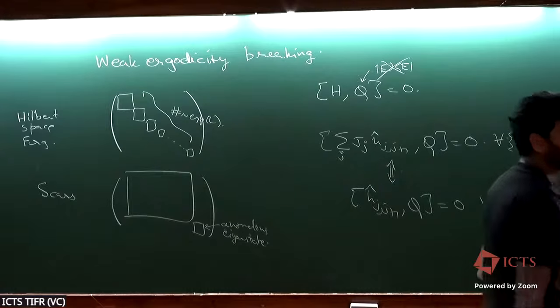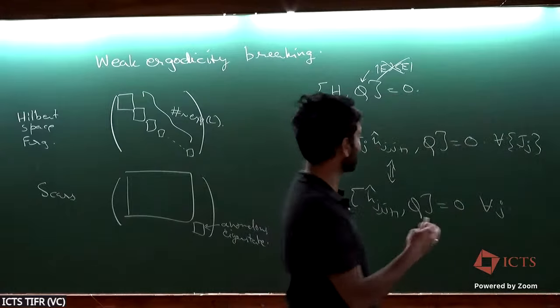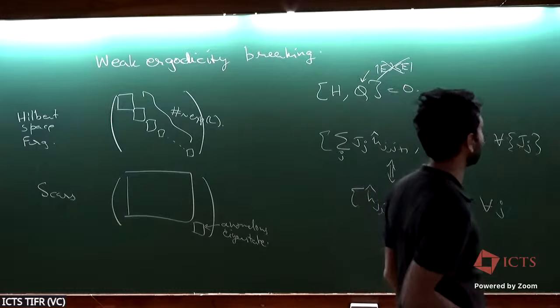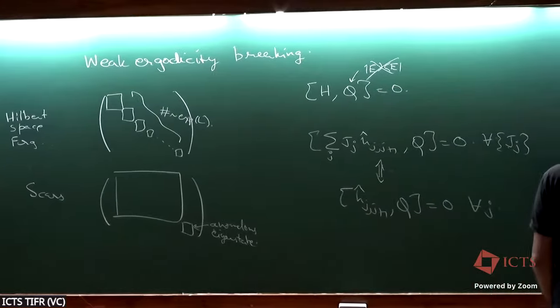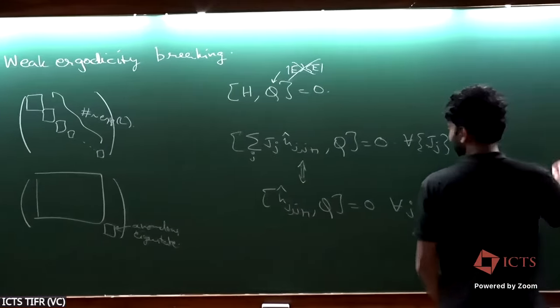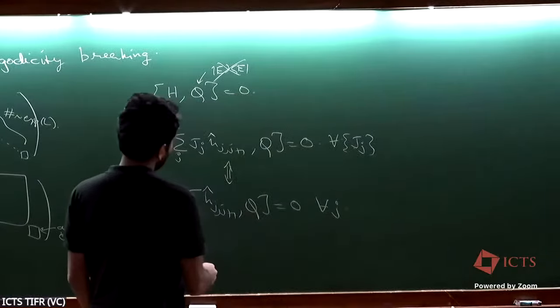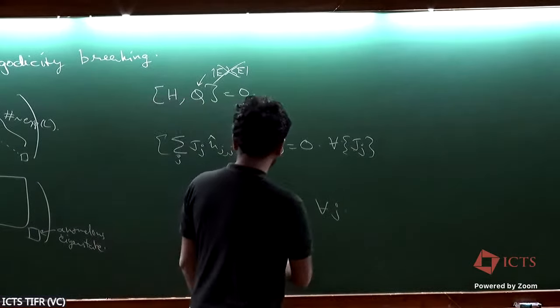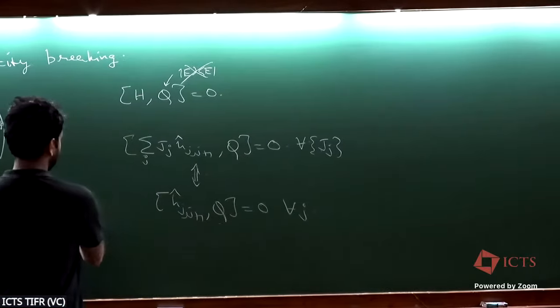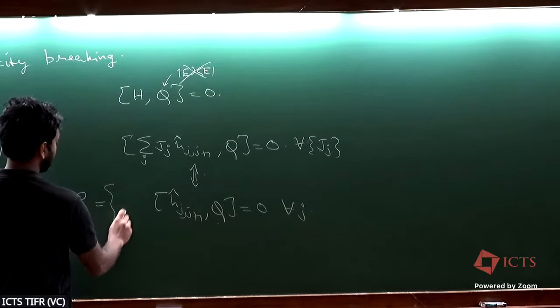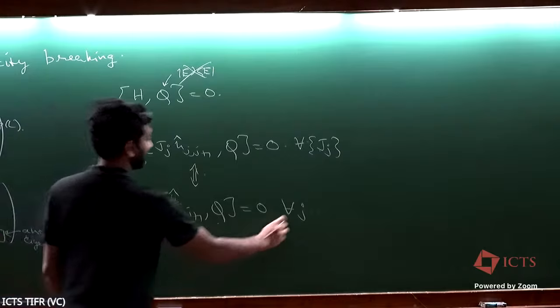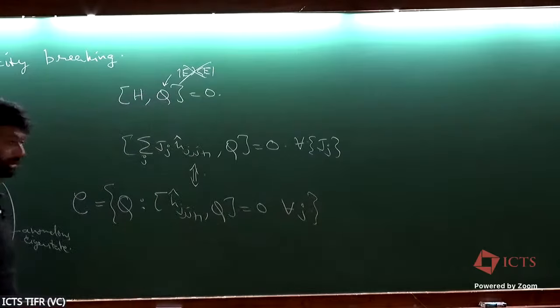Maybe I'll describe the general structure first and then go on to examples. I also gave a few examples yesterday. So the general structure is that now any operator Q satisfies this condition. Suppose I define the set C as the set of all Q that commute with each term of the Hamiltonian.